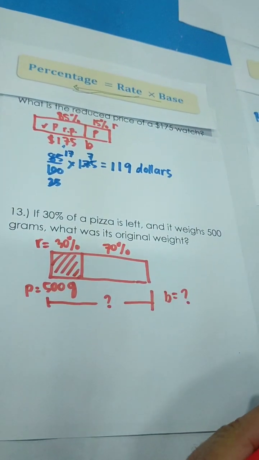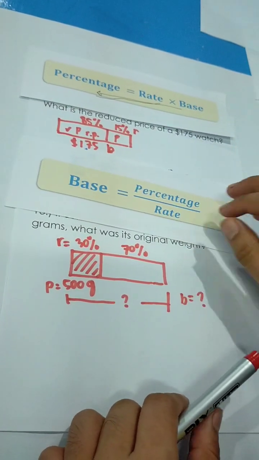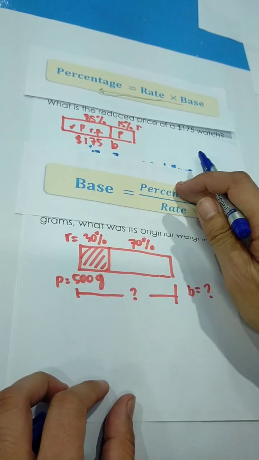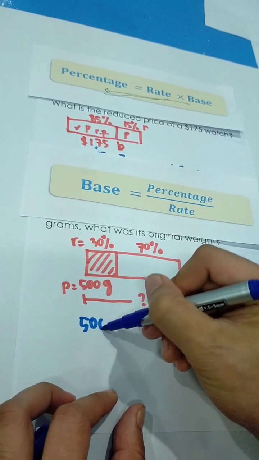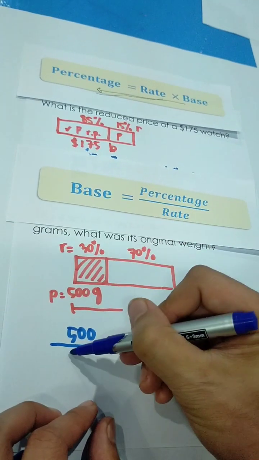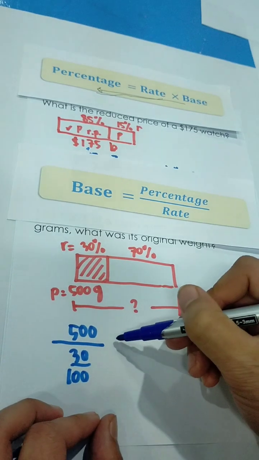We can now solve the base using this formula. The base is equal to percentage. The percentage is 500 divided by the rate. The rate is 30%. That is 30 over 100.